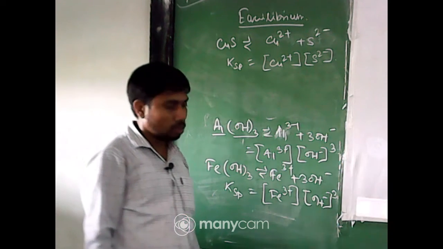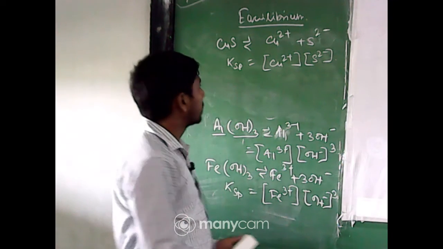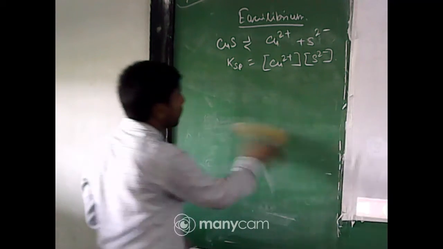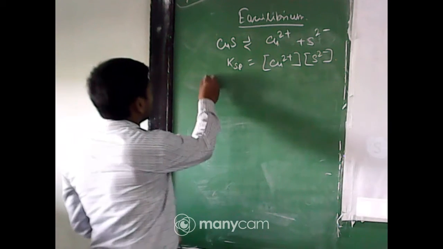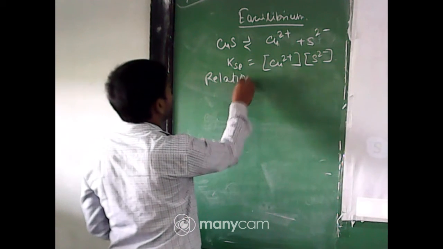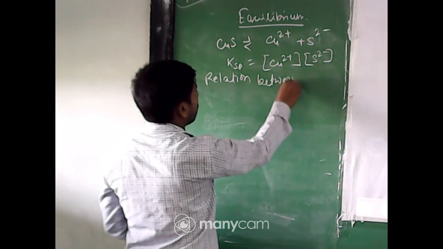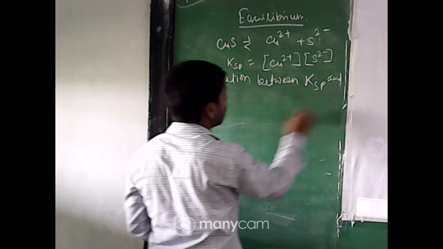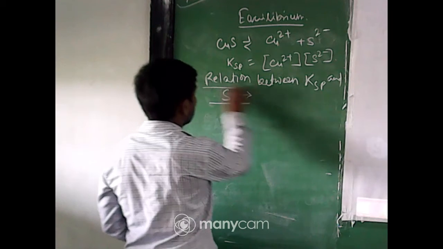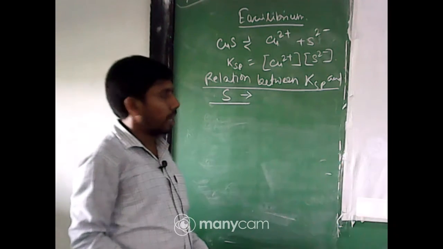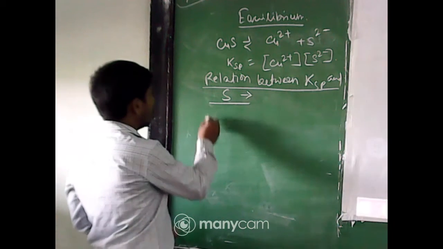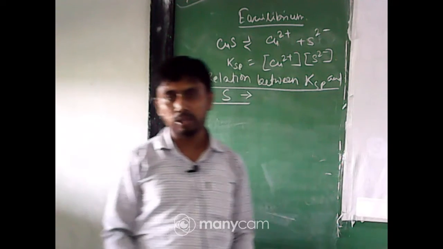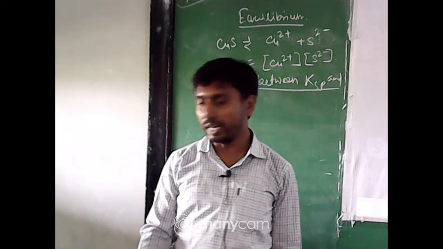Okay. Next we will move to the relationship between S and Ksp, that is, the relation between solubility product and solubility. First of all, we may use the general equation, but it will be simpler if we use an example.